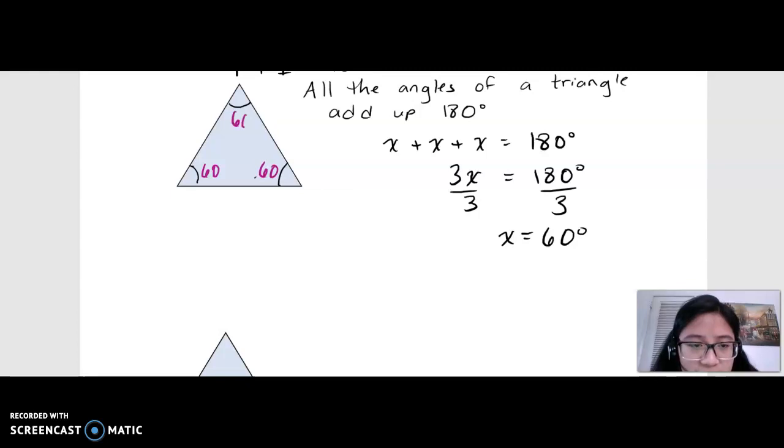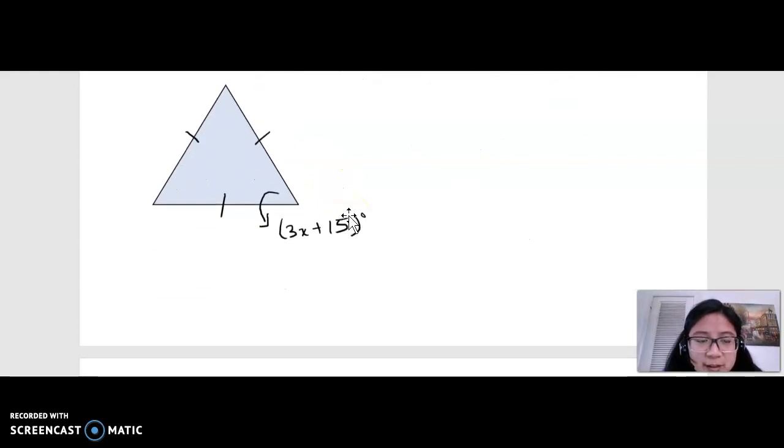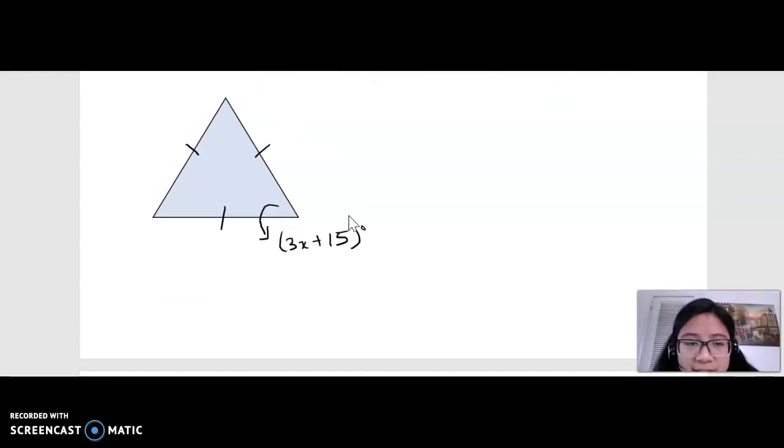That does not change. Now they might word it a little bit differently, like this one over here. We know that all the sides are equal to each other, but we're just missing one of the angles. If I want to set this up using that knowledge that all the angles in an equilateral triangle are 60, I can set up the problem like this: 3x plus 15 is equal to 60.